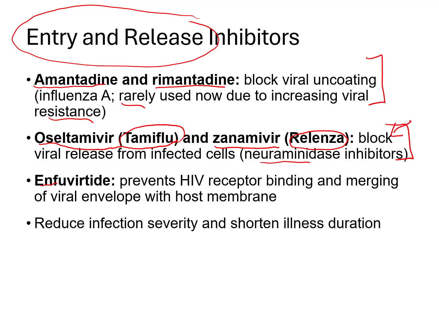We also have enfuvirtide, and it's misspelled in the book. So in the book, they have an extra I here that shouldn't be there. This one prevents HIV fusion with a host cell membrane. So all of these drugs reduce infection severity and shorten illness duration.